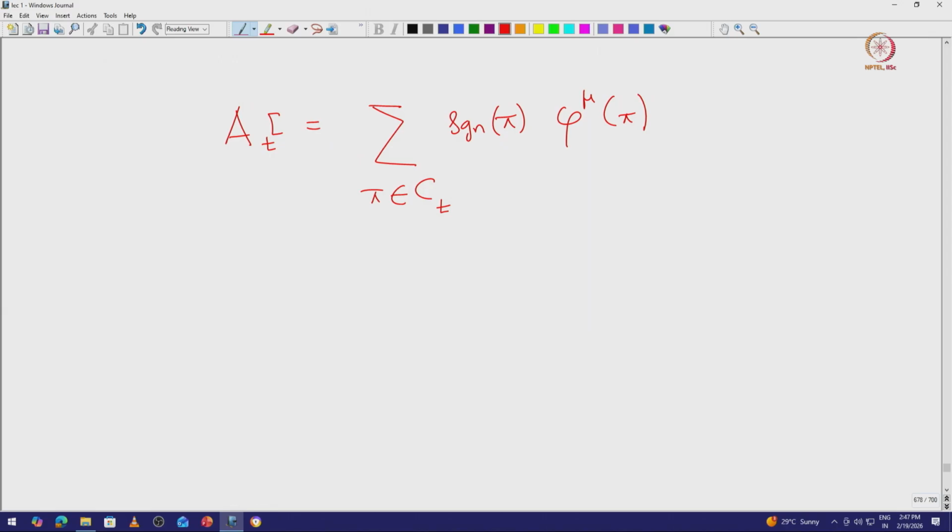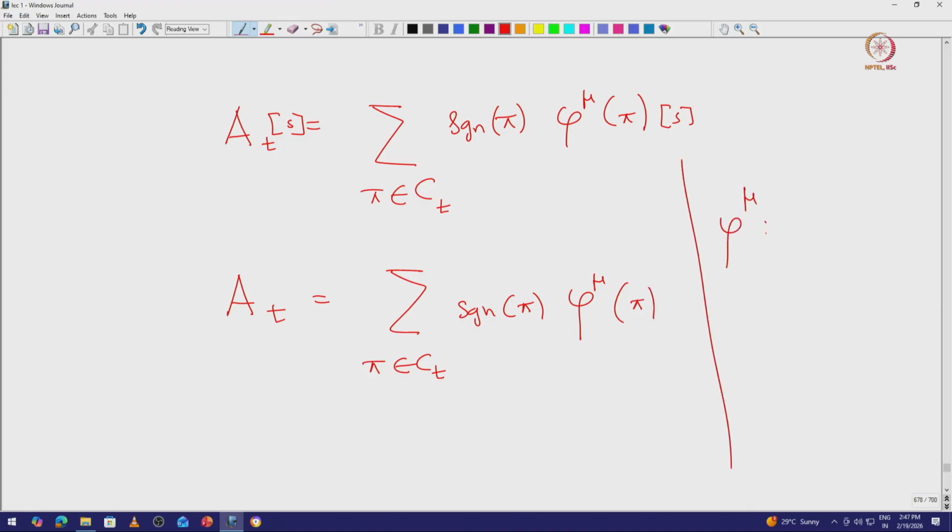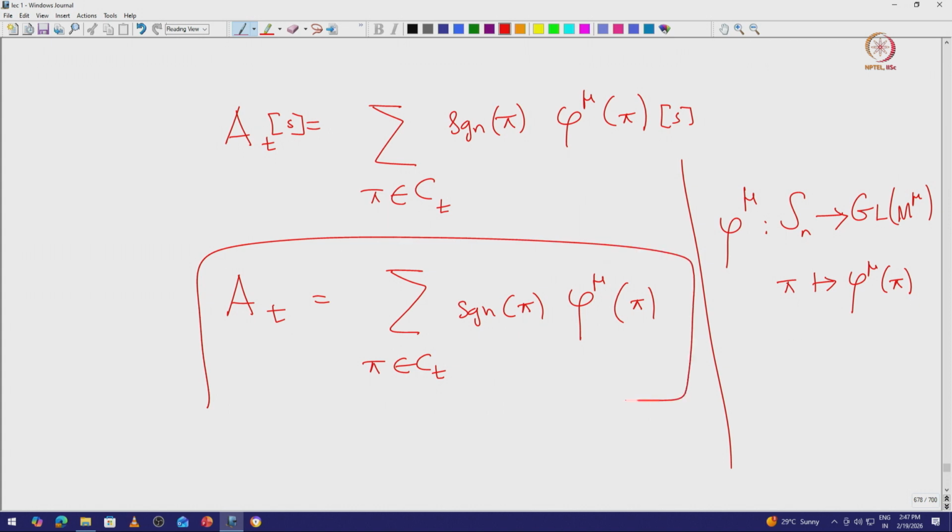As an operator, A_T is just the sum over π in C_T of sgn(π) times φ^μ(π). Recall that φ^μ is that representation from S_n to GL of M^μ. Given π, we denote the image by φ^μ(π), and each one of them is an operator on M^μ.